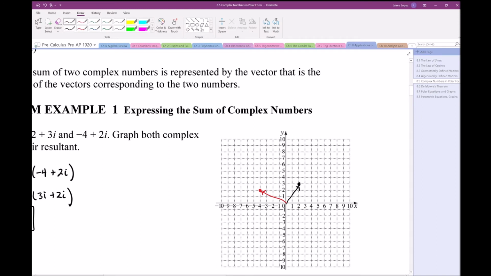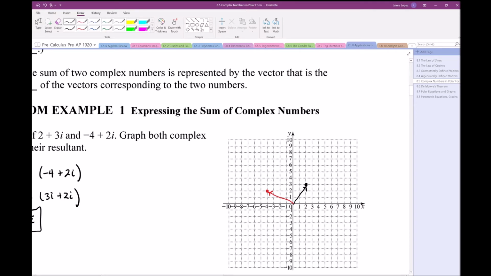The parallelogram rule means if you take one of those vectors and then you add the other vector starting at the end of the first one. So if I take negative 4 plus 2i, at the end, negative 4 comma 2, then I move according to the other one. The other one is 2 plus 3i. So 2 means 2 to the right and then 3 up. So 1, 2, 3 should leave me here.